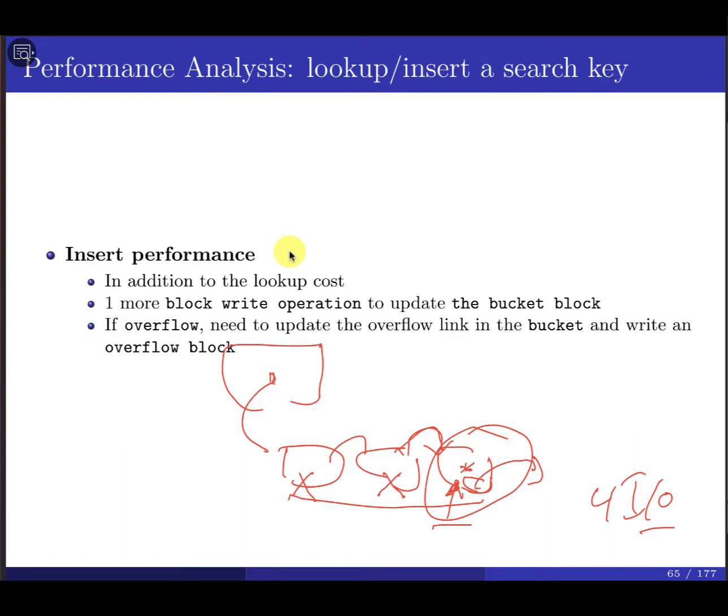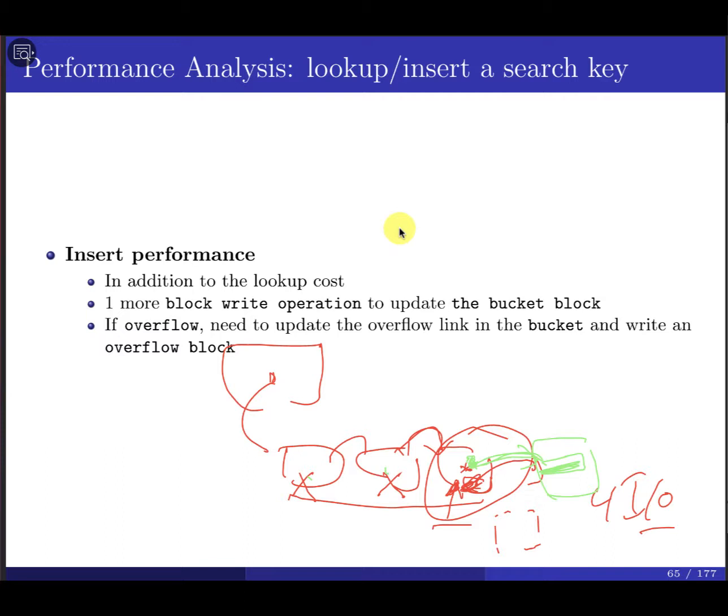If there is no space, in the last one, and there is no more block, it's going to be worse. So what I'm going to do in this case, I'm going to introduce a new block here. This we have in a different color. You create a new bucket block, store the new item here. Then you need to update the overflow pointer from the previous bucket to the new one. Then in this case, you're going to perform 1, 2, 3, just to locate the block.